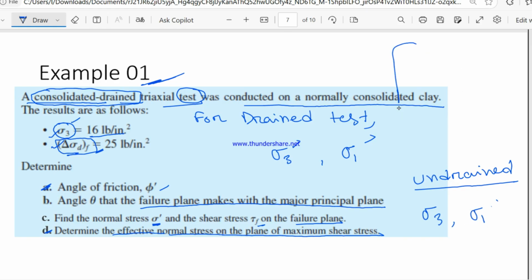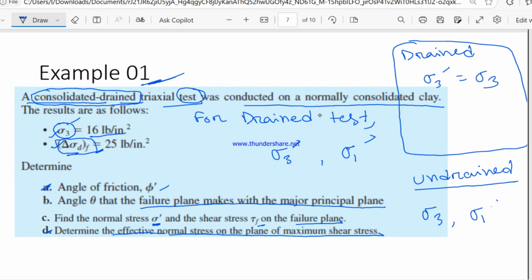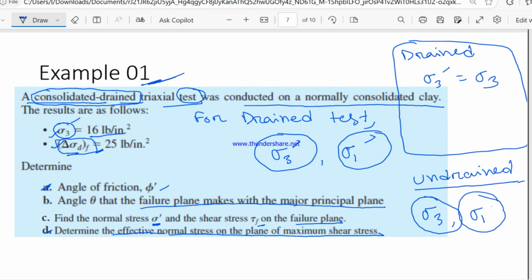Also remember that for drained condition sigma 3 prime equals sigma 3, and sigma 1 prime equals sigma 1.